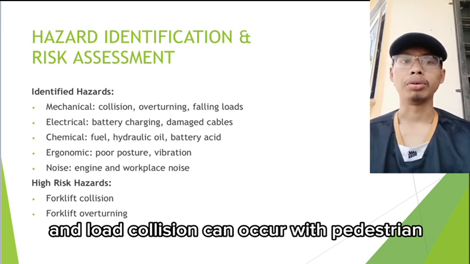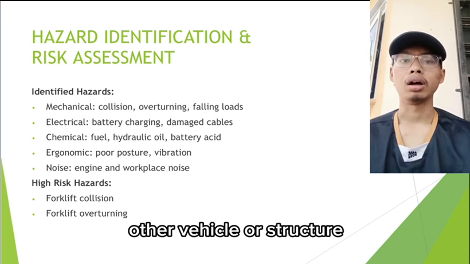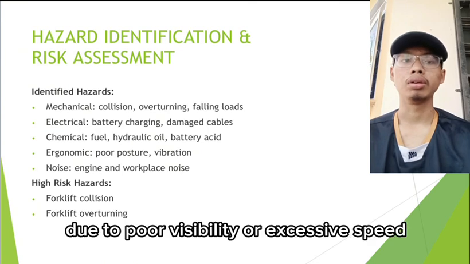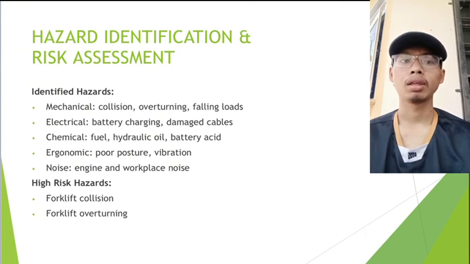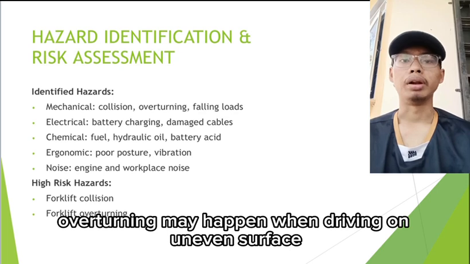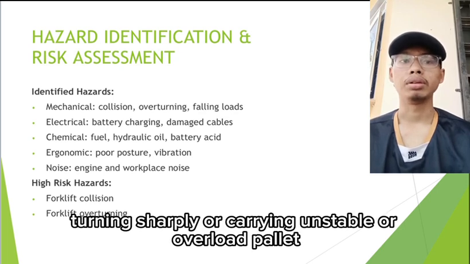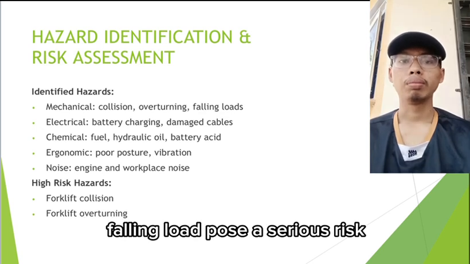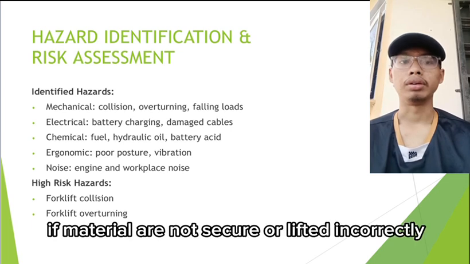Collision can occur with pedestrian, other vehicle, or structure due to poor visibility or excessive speed. Overturning may happen when driving on uneven surface, turning sharply, or carrying unstable or overload pallet. Falling load poses a serious risk if materials are not secure or lifted incorrectly.